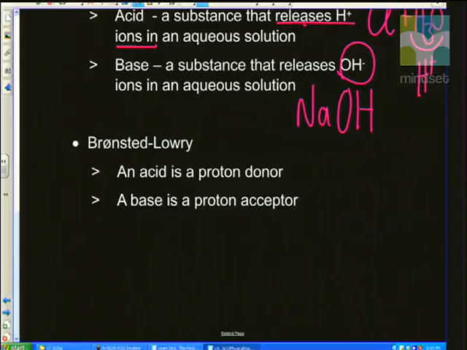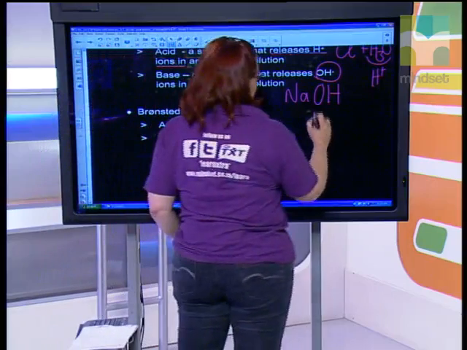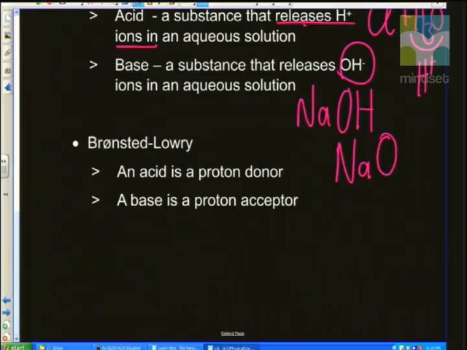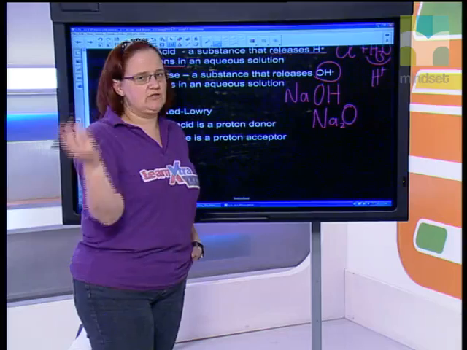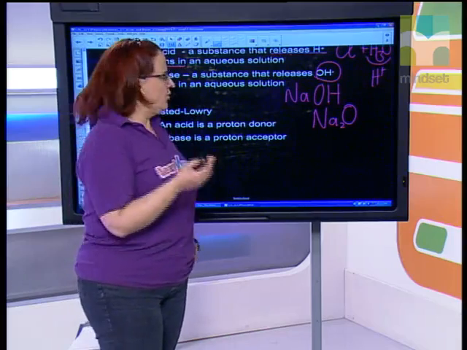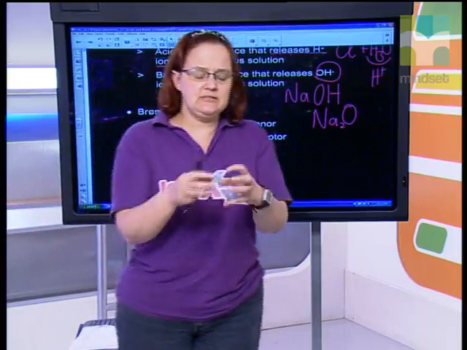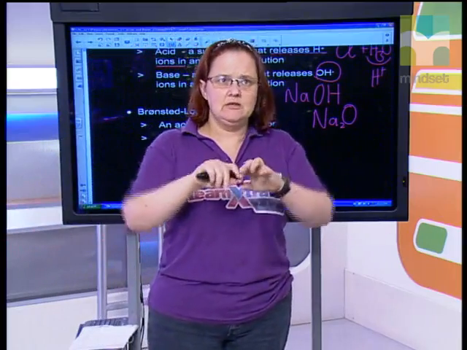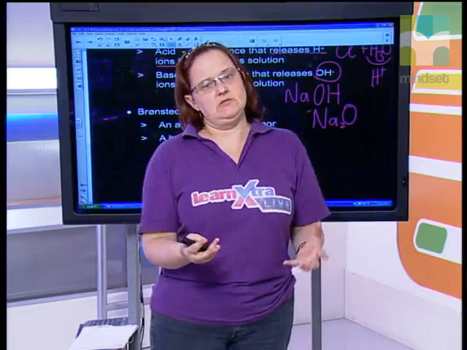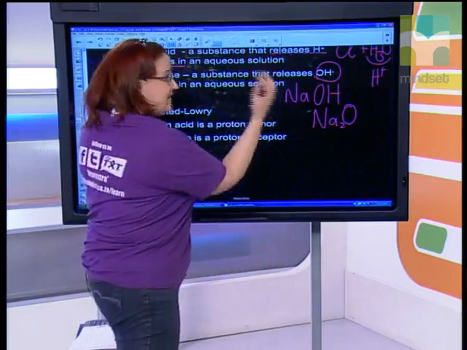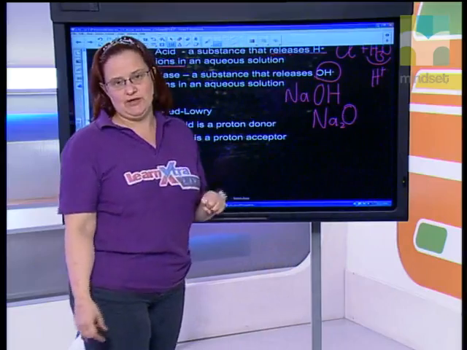But what happens when you have something like sodium oxide? Sodium oxide is a base. It's an alkali, it dissolves in water, reacts with an acid, and neutralizes it. But when it does that, it doesn't actually create OH minus ions. So there's a problem with this definition in that it doesn't encompass enough of the bases. It's very specific to bases with OHs in them.